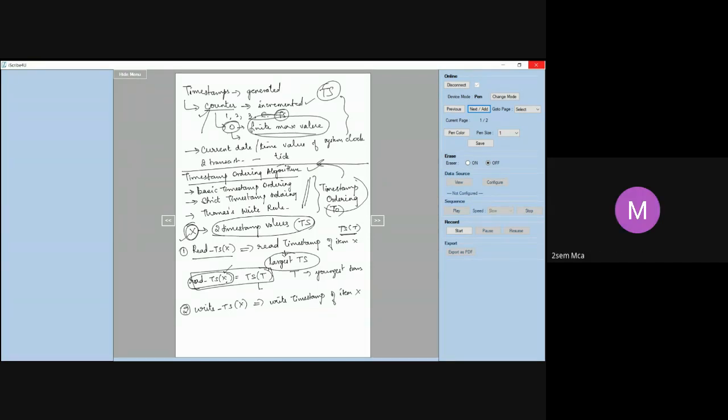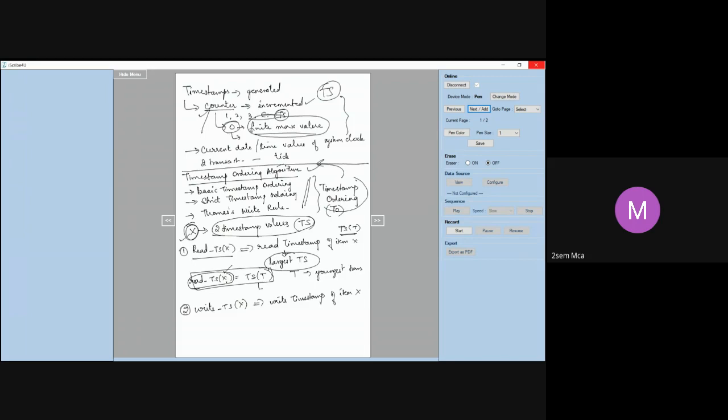Excuse me, ma'am, I am not able to get this part. Is read TS of X the largest when all the transactions are reading it simultaneously? All the transactions read simultaneously, but there will be a small variation in when each was submitted. Their read operations happen simultaneously, but the time each started executing varies by a fraction of a second.